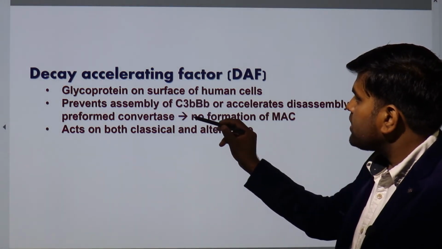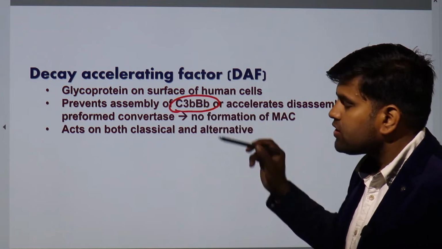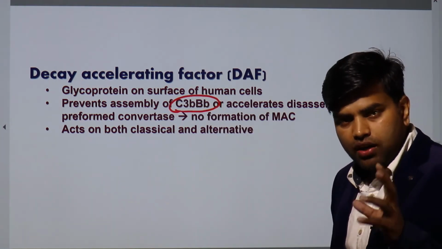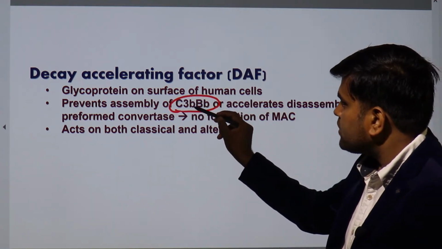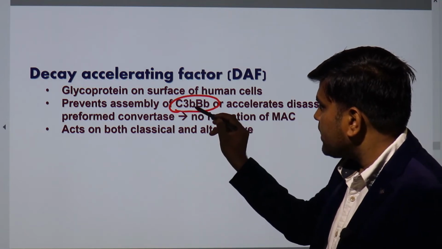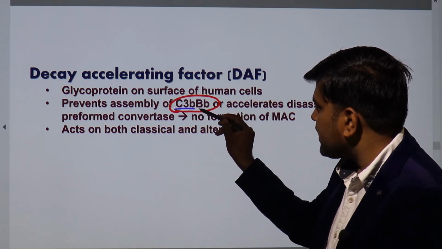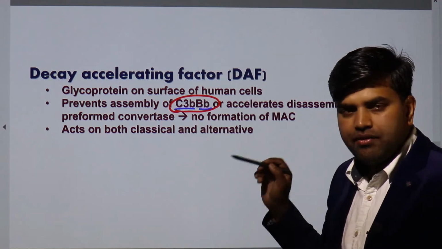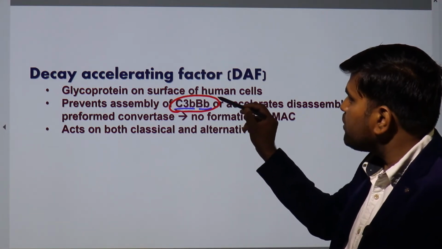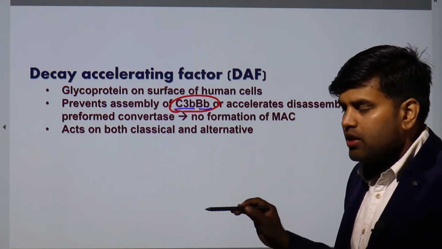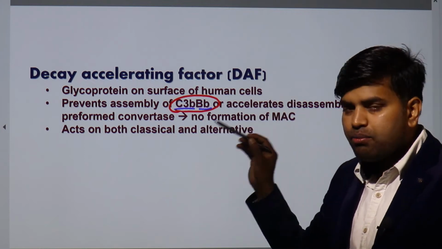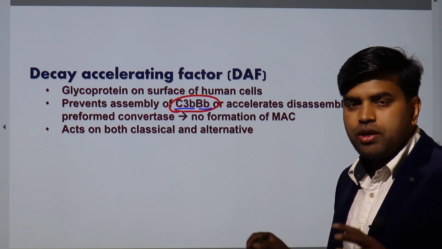Normally you know that C3bBb is the C3 convertase that is formed in the alternative pathway. First C3b is there, and then factor B and factor D get activated, and then this big B and small b comes. Normally this big B and small b cannot bind to the C3b without any stimulus.